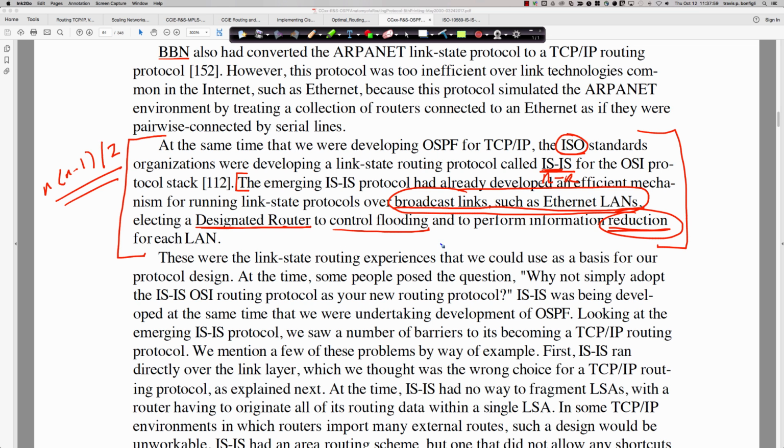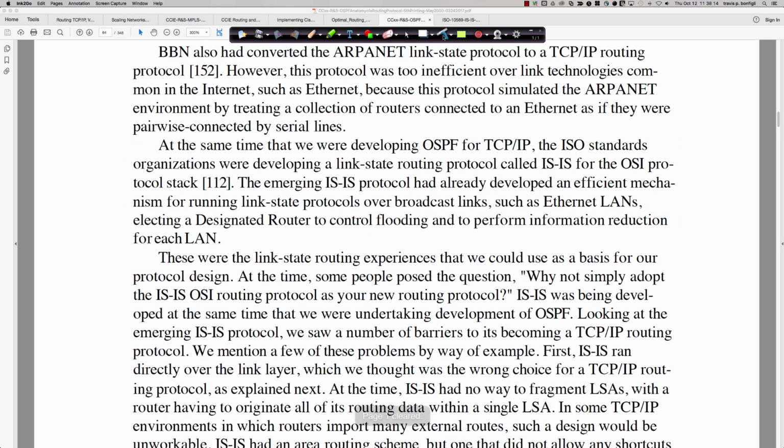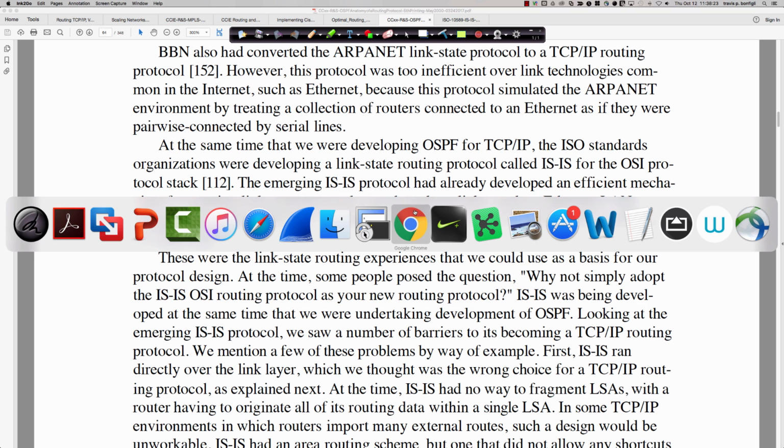And then think about how large that link state database would grow without the concept of the DR and the BDR. And so that's why we have the DR and the BDR. And the term that we used in class on Tuesday evening was to think of it as if it's a pseudo node.